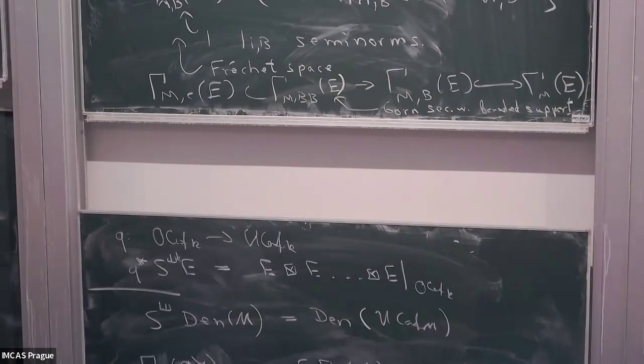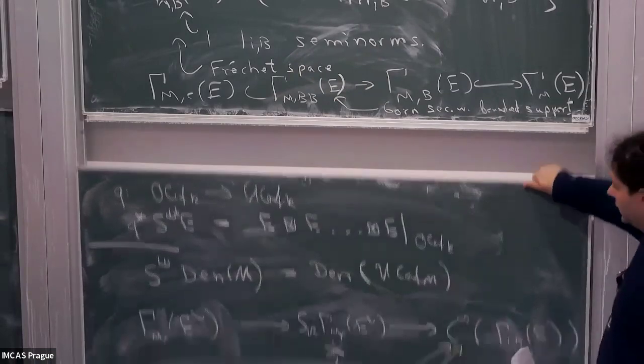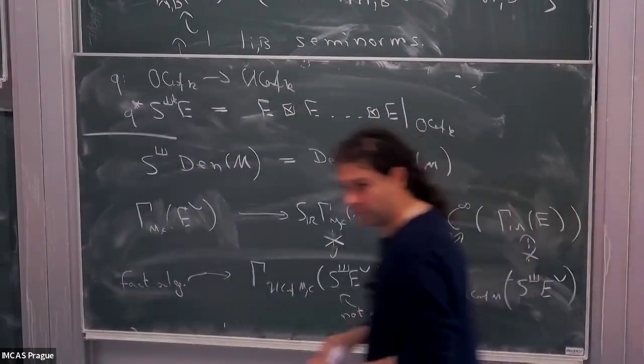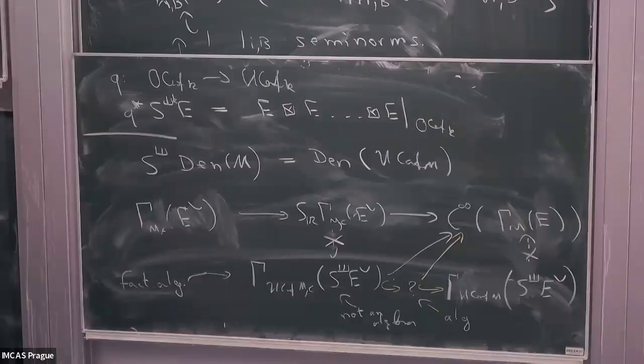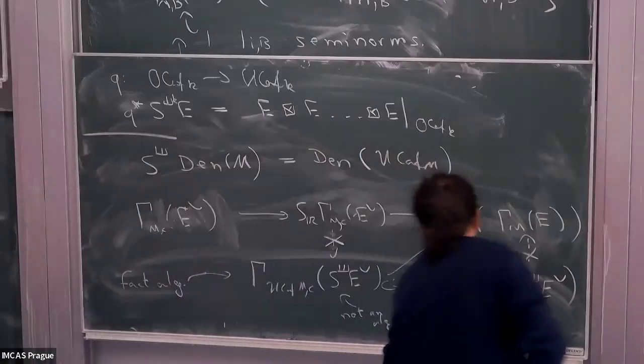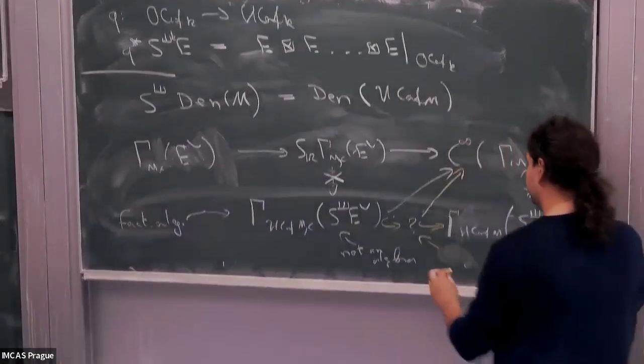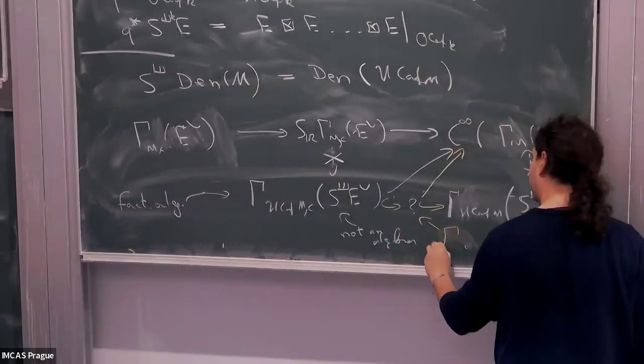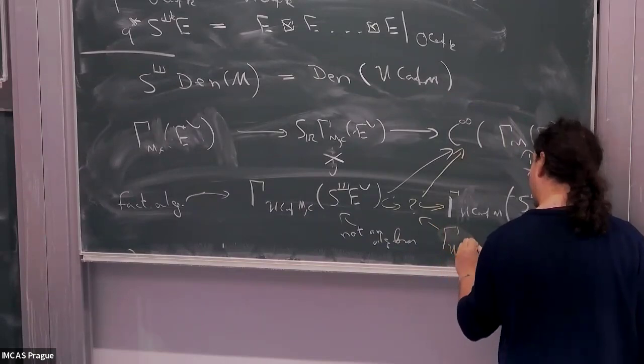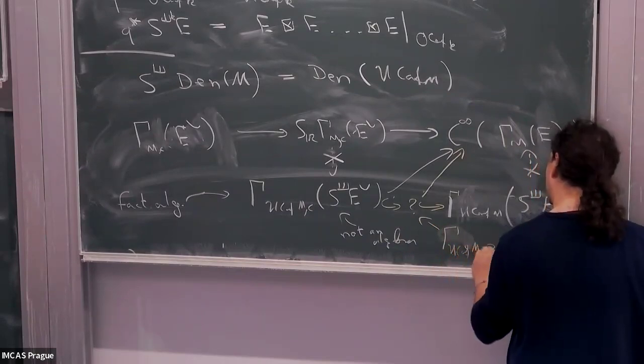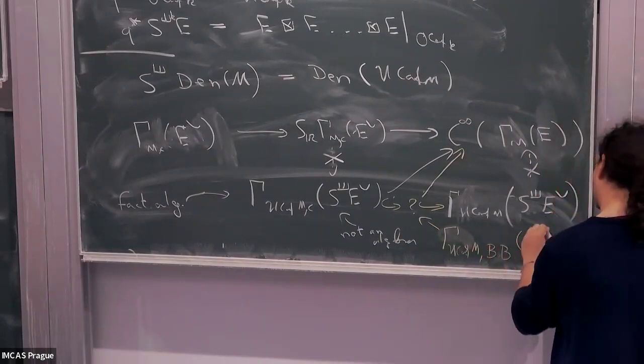So basically, I can now go back to this diagram. And now I can replace the question mark with the space of sections over U conf M, which are bornological and have bounded support, of the same bundle.